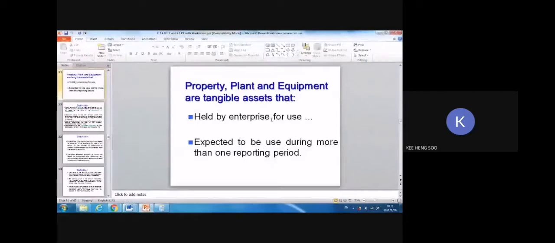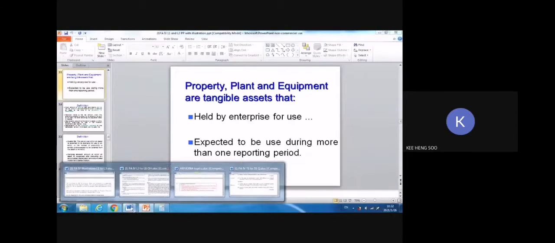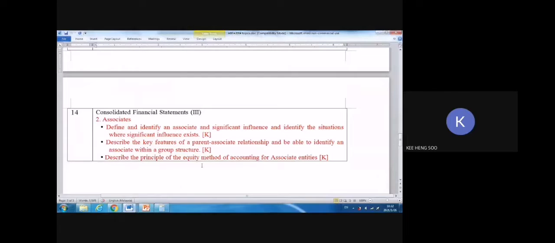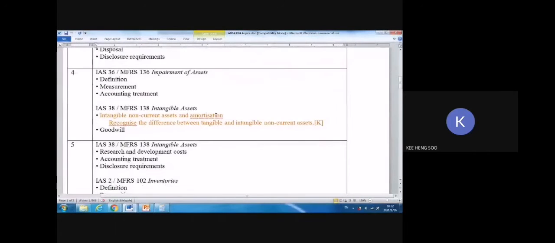So what's the definition of the property, plant, equipment? Held by the entity for use. Remember the keyword is for use. For use, digunakan. Now, later on, when we cover this IAS 40, investment property.